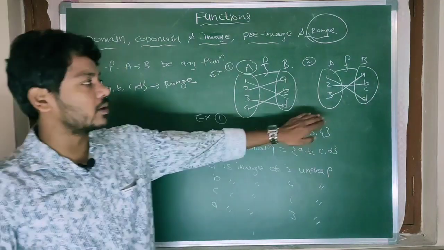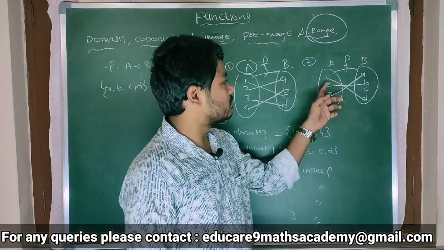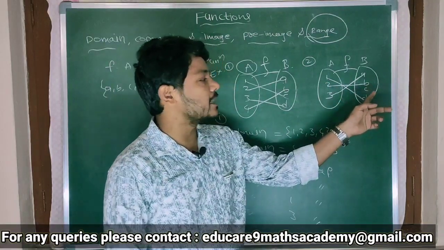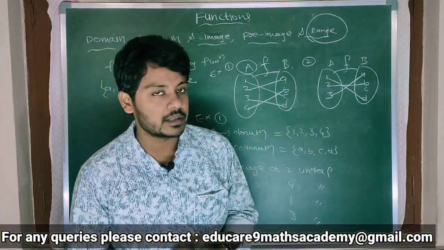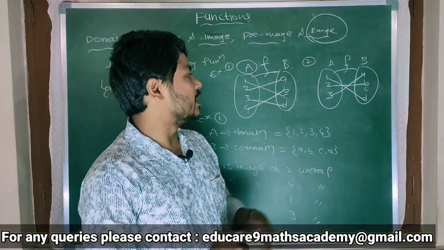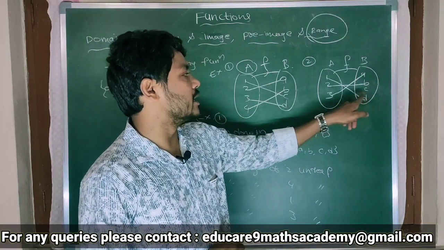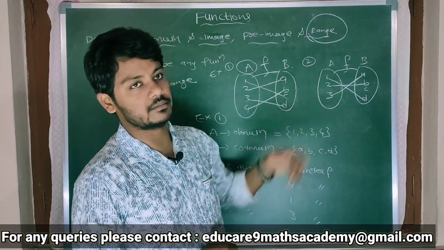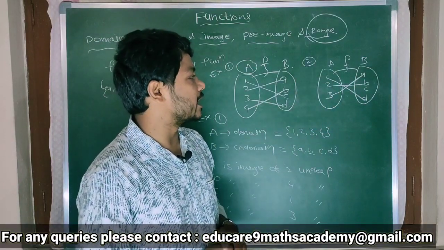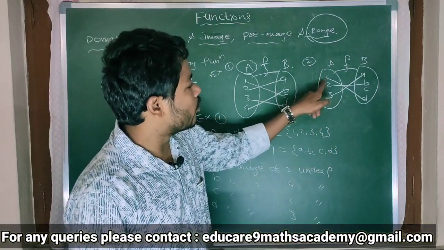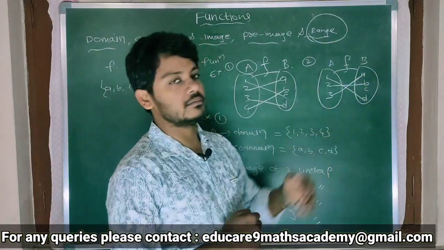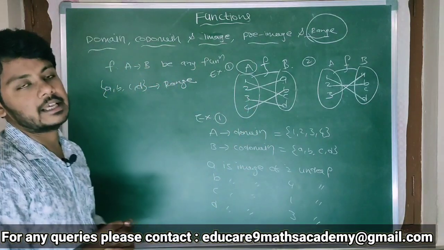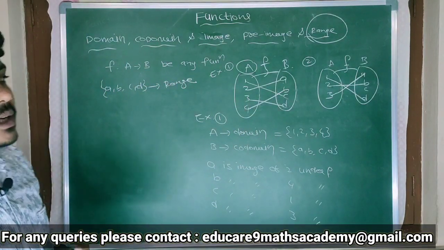Now in example 2, what are the images? A, B, D are the images, but C does not have a pre-image. So clearly A, B, D are the images of 3, 2, 1. And what are the pre-images? 1, 2, 3 are the pre-images of D, B, A. And range: range means the set of all images.